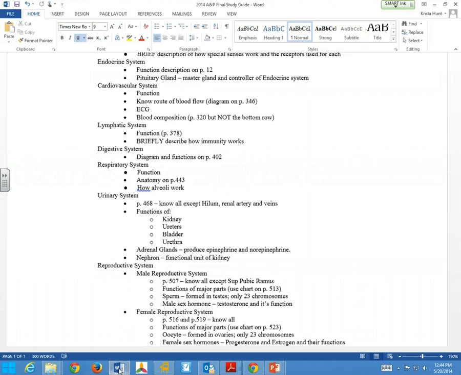The last thing we did not get to talk about is the adrenal glands that produce epinephrine and norepinephrine. Do we see these? Gotta find this here. What page is it on?